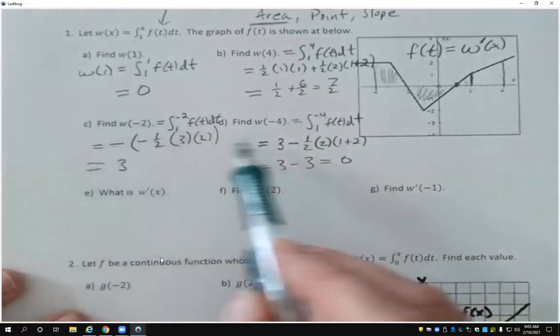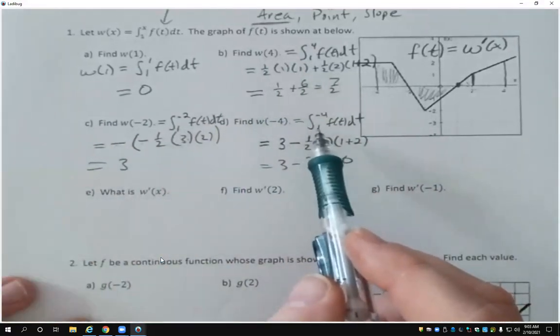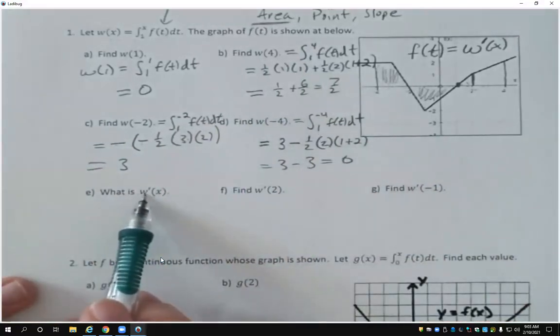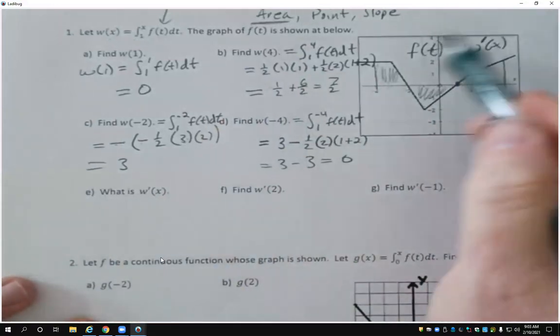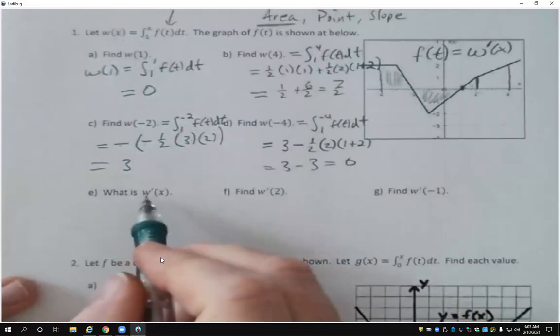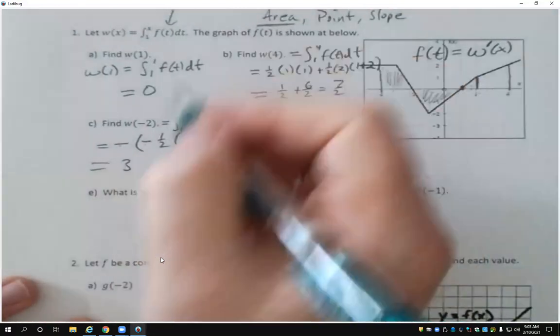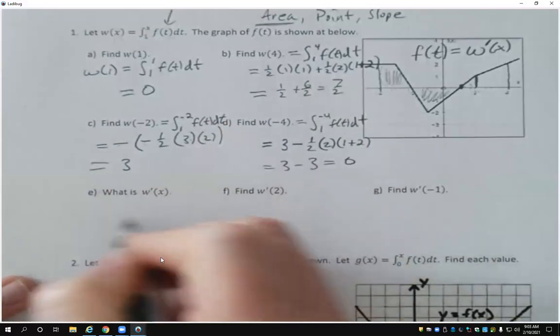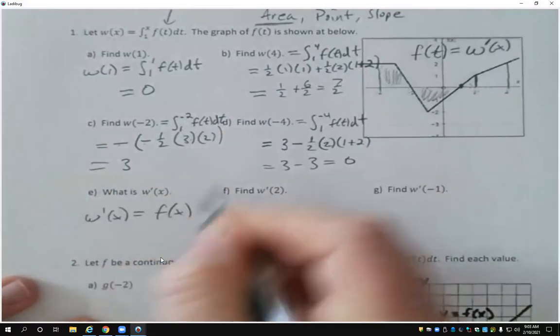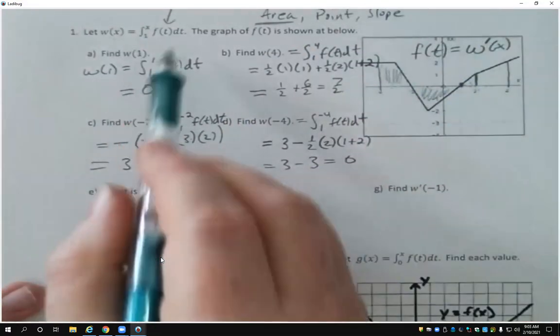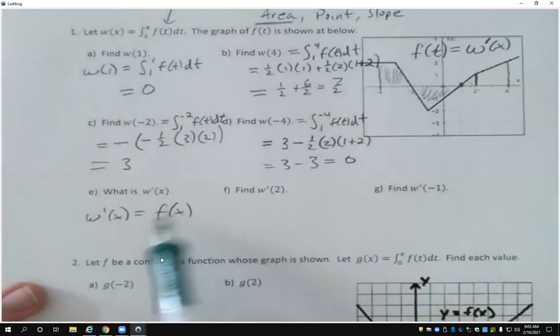When we're finding W of X, we're finding an area. Now, here we're finding W prime, and this is the graph of W prime. So in W prime, I'm finding a point. W prime of X is equal to f of X, right? That's the fundamental theorem of calculus part 2. Plug this X into here and I get f of X.